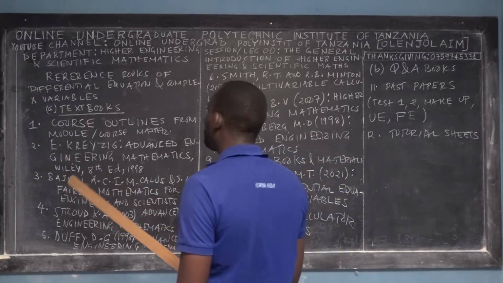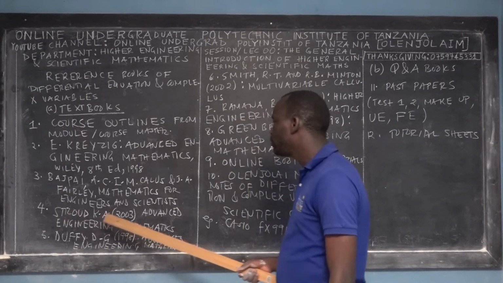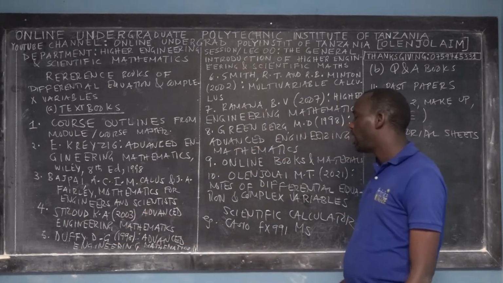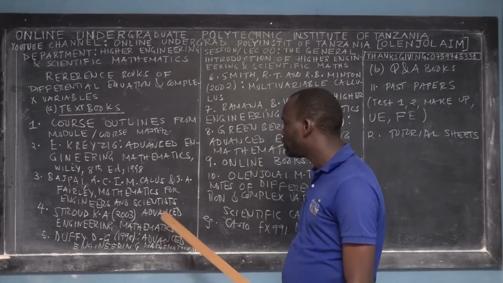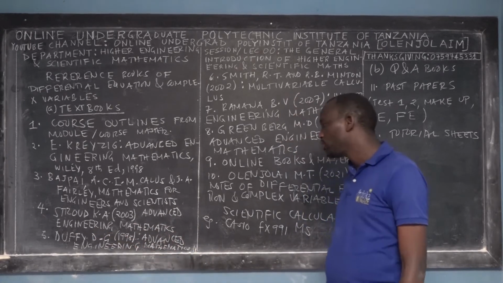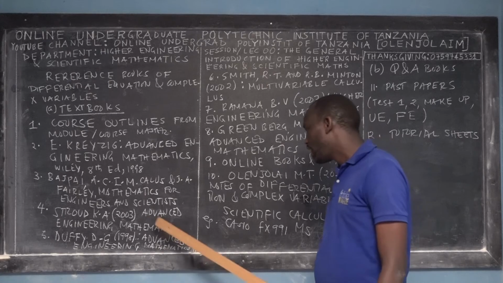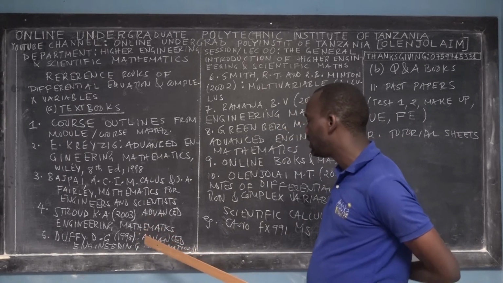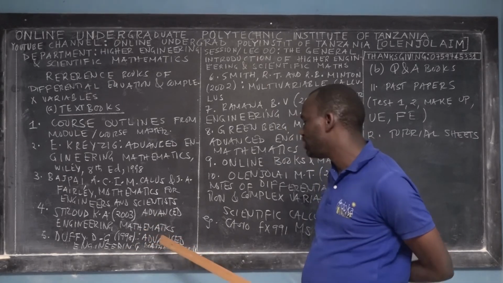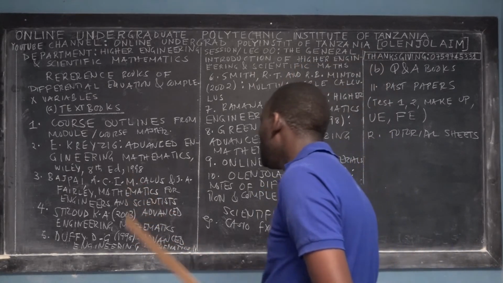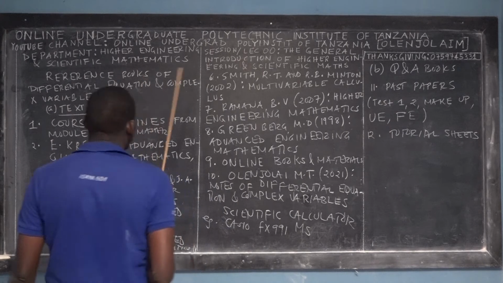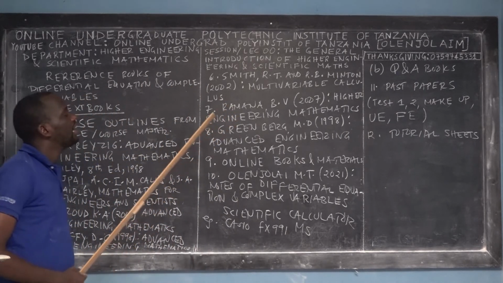Or you can also use Stroud K.A., the version published in 2003, called Advanced Engineering Mathematics. You can also use Dass D.G., published in 1998, Advanced Engineering Mathematics. You can use these to learn the concepts of differential equations and complex variables.